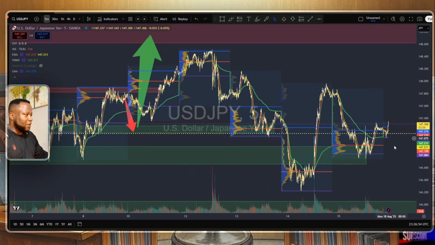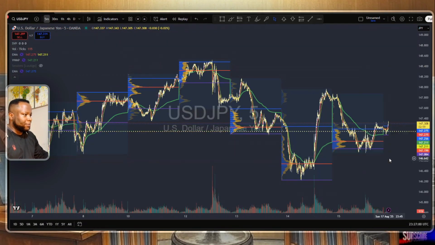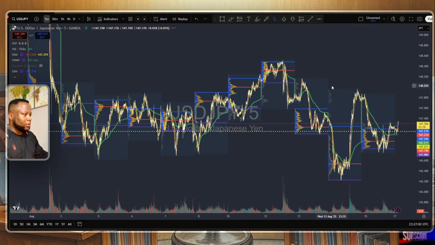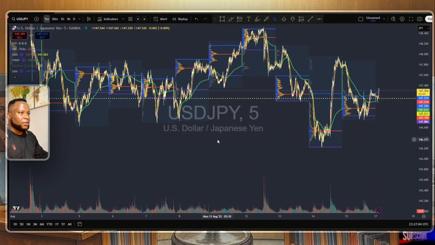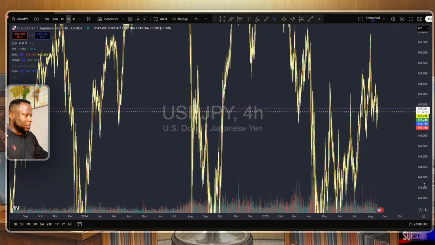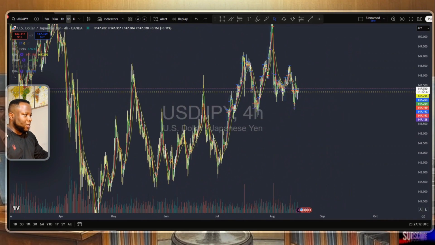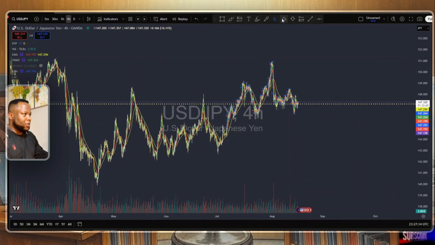Now, price is currently trying to retrace there, but my plan on this pair right now, if you want to start all over again, the price is still consolidating in the 4 hour. To be honest, with the USDJPY, price is not giving any good moves except these two.